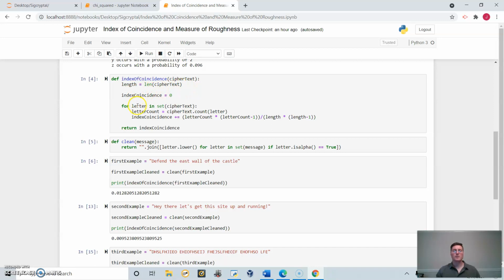In this case, we're going to set up an IC with 0 because it's going to be a summation, so we don't have to worry what the initial value is as long as we account for it. We're going to sum through the set of characters within that ciphertext. It could be all the way up to the maximum, so there's a min and max boundary associated with it.